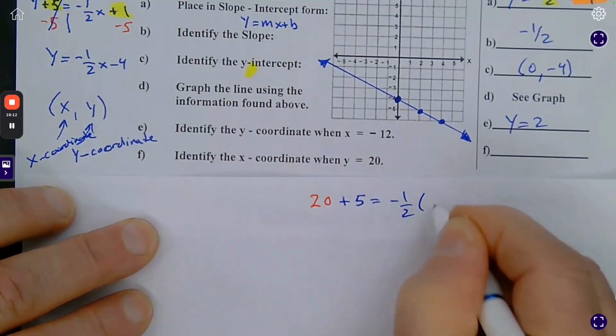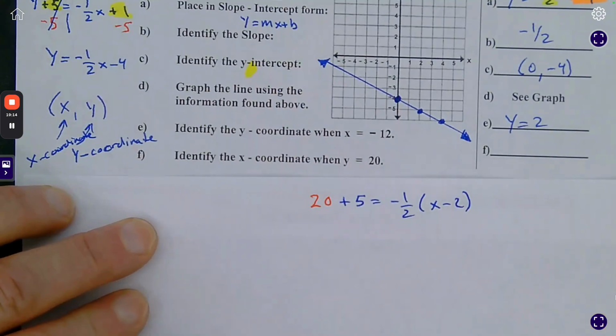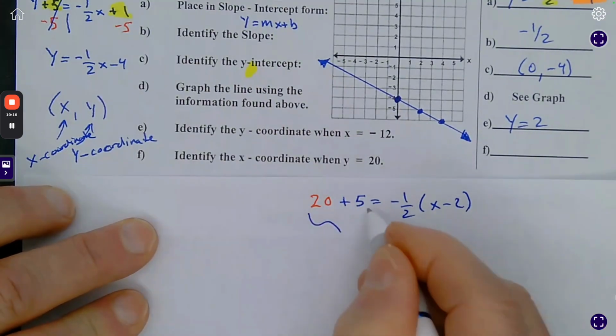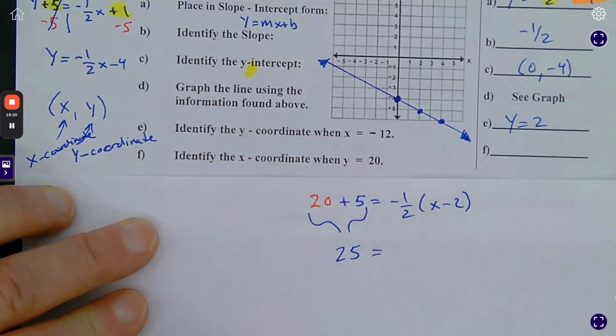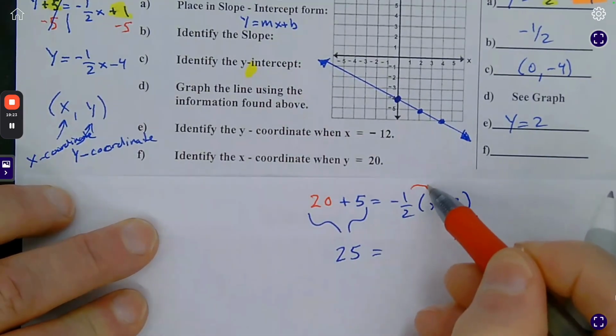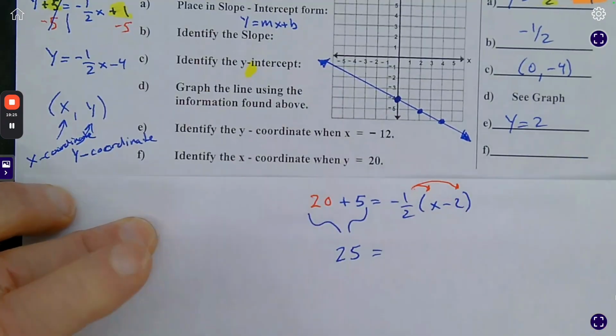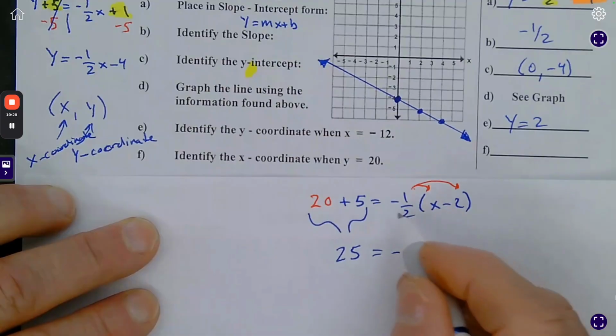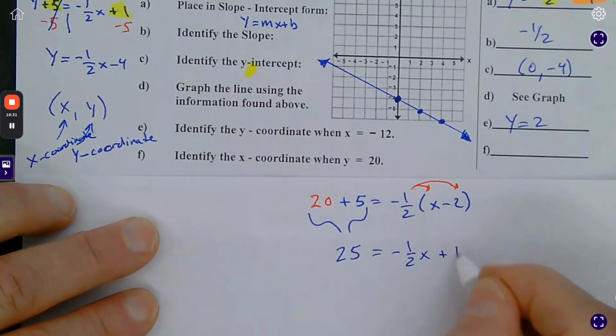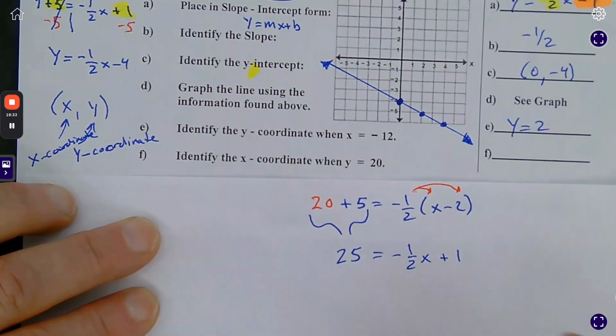And what do I have to do now? I have to solve this equation for x. Well, I noticed, first of all, that I can combine those. And I also notice that I have distribution. That's right. So negative 1/2 times x is negative 1/2 x. Negative 1/2 times negative 2 is a positive 1.